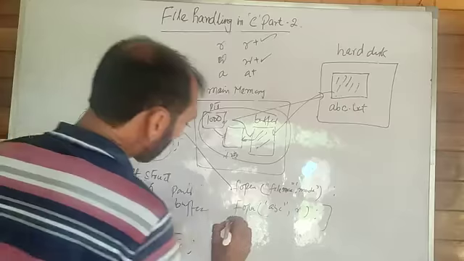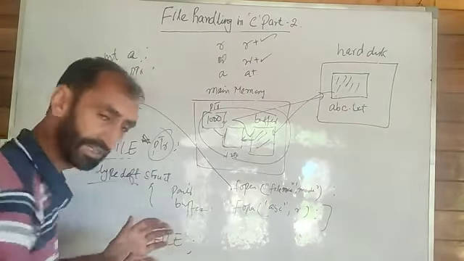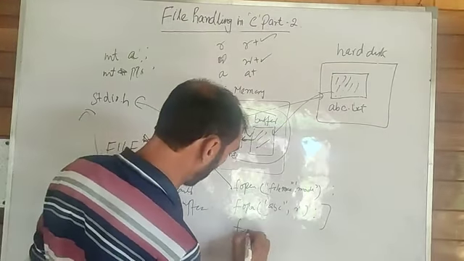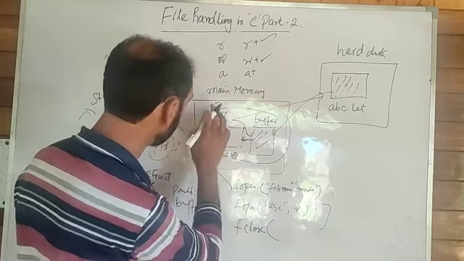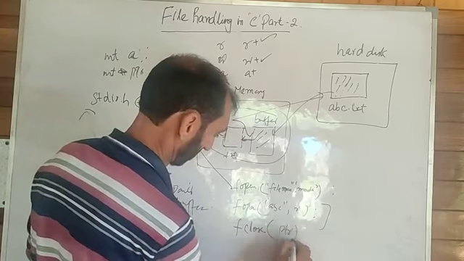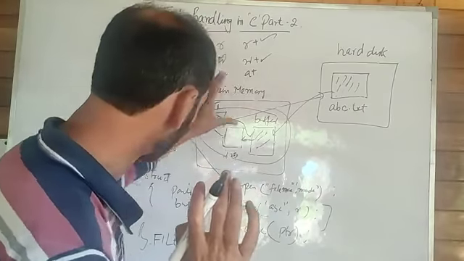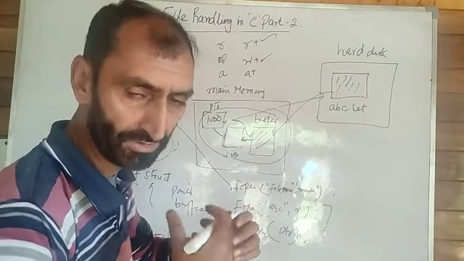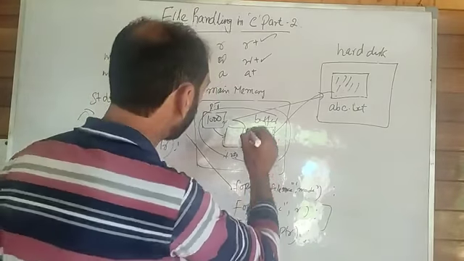Now, after performing some operation on the files, it is mandatory, it is necessary to close the file. We use fclose and the pointer name. What's the pointer here? ptr. After performing the operation, after doing that work, we must close that file in order to free this memory.